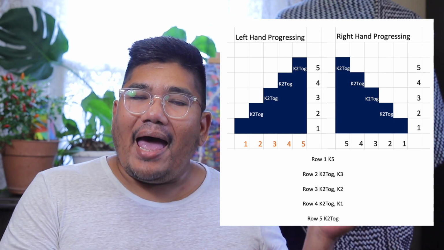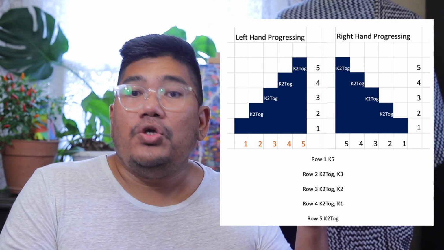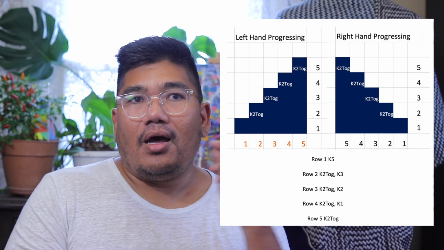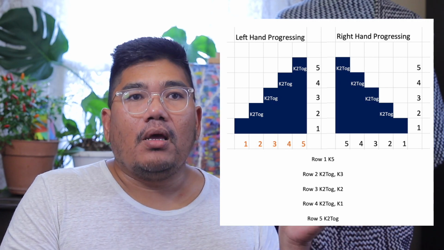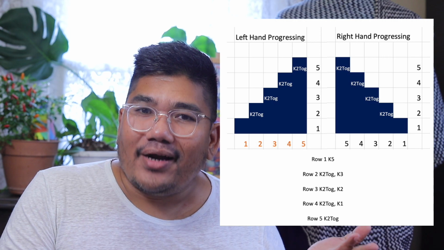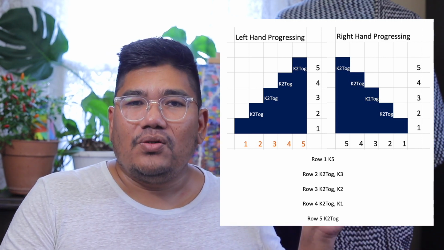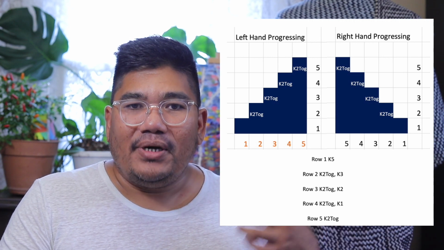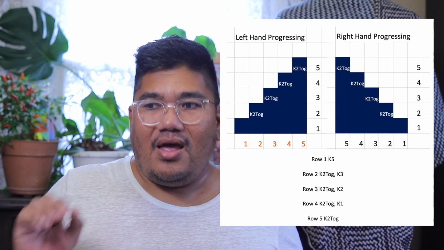So you might want to check, if you're looking at a new pattern, that hopefully they have a chart to guide you, to confirm that the pattern was written by a person who is using their right hand as their progressing hand.